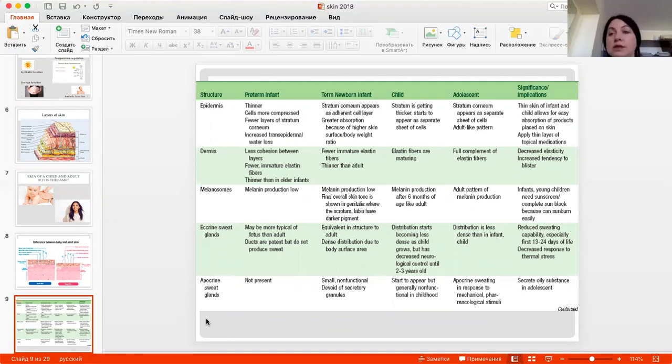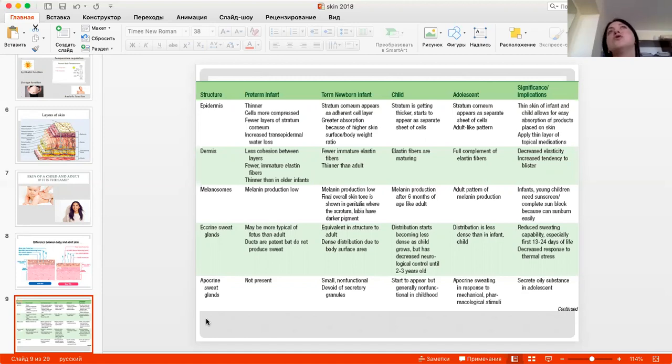Look, skin of children is very different in preterm children. Why? Because the skin is underdeveloped. How is it different? Preterm child epidermis is thinner. Cells are more compressed. The stratum germinativum is widely pronounced.